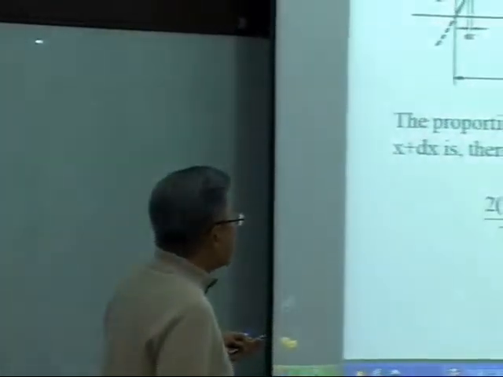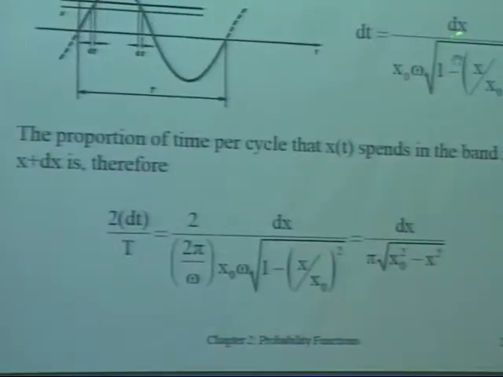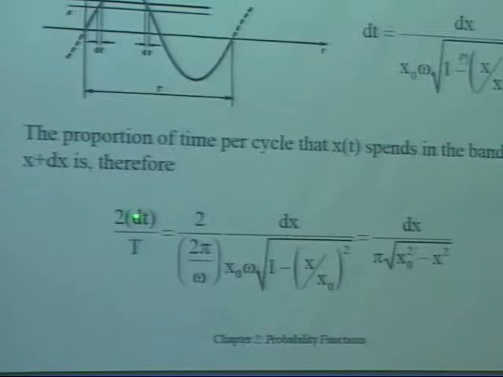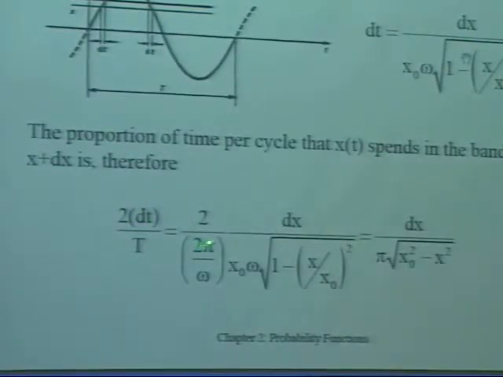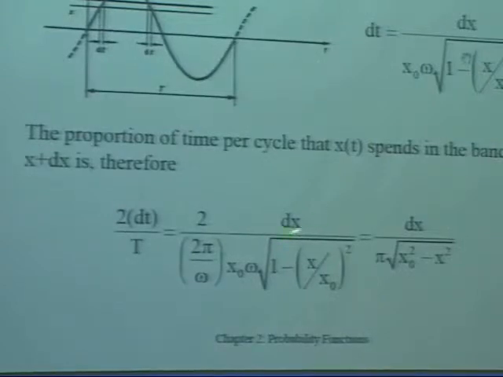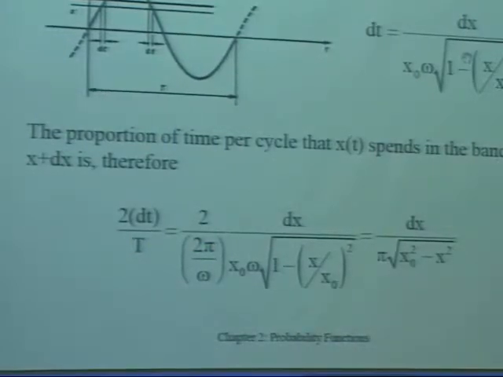And the dt is here. We had the expression here. So 2 times the dt is right here. Got it? x naught omega, and one period T is 2 pi over omega. Make sense?